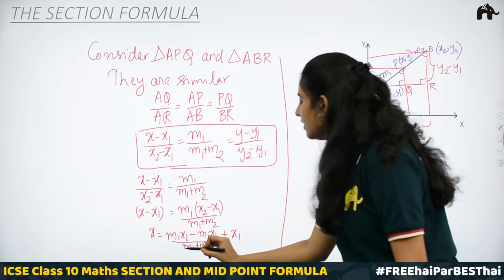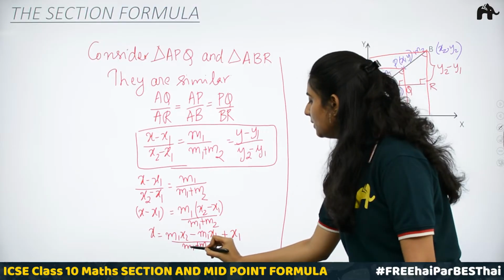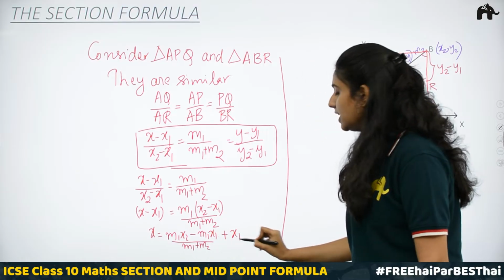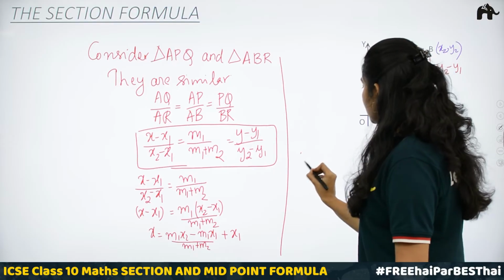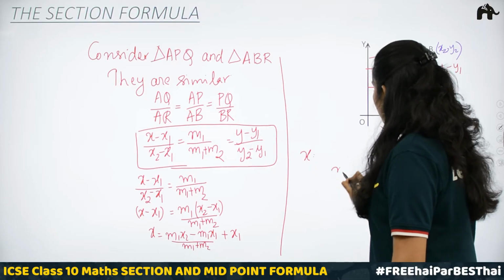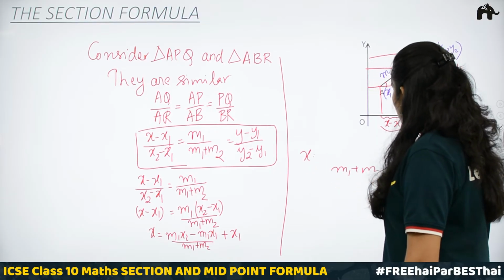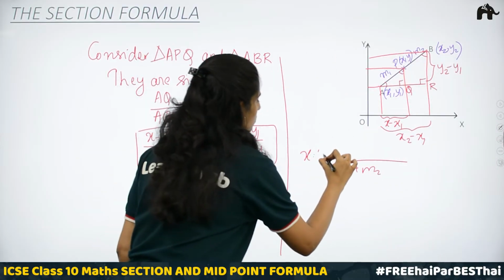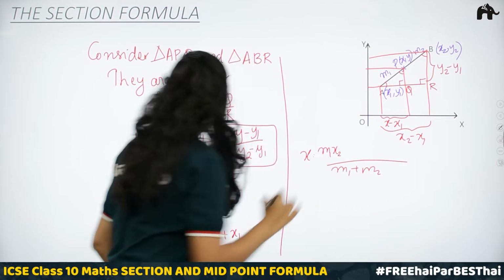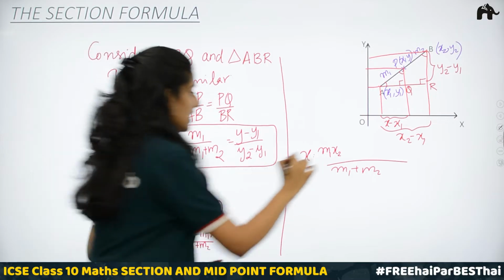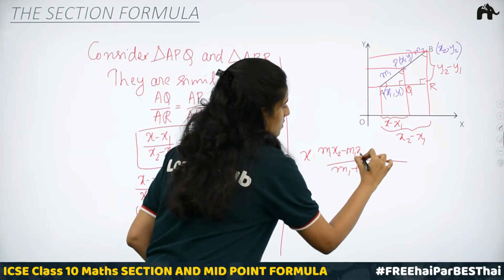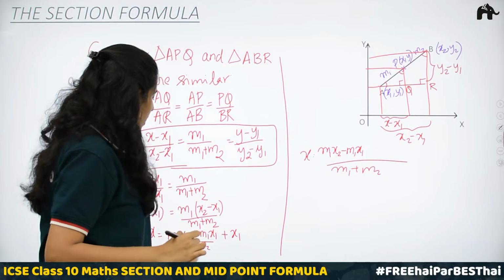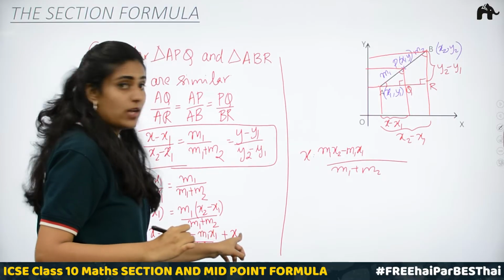Now, we can take the LCM. Here in the denominator we have m1 plus m2. Here it is 1. Therefore, x is equal to m1 plus m2 in the denominator, and numerator m1 x2 minus m1 x1. We have to multiply m1 plus m2 and x1.